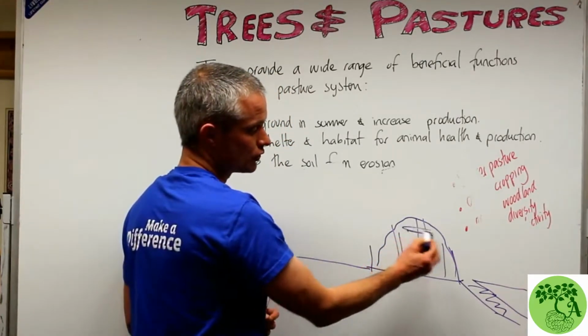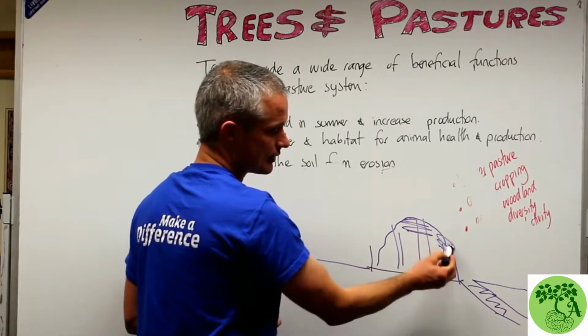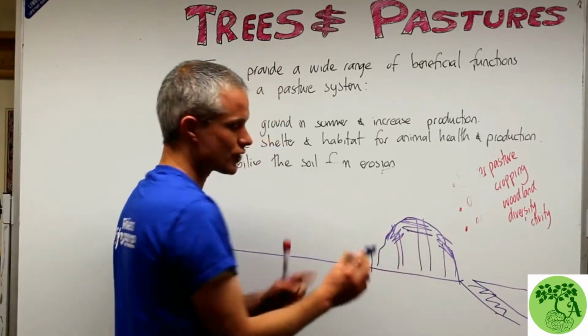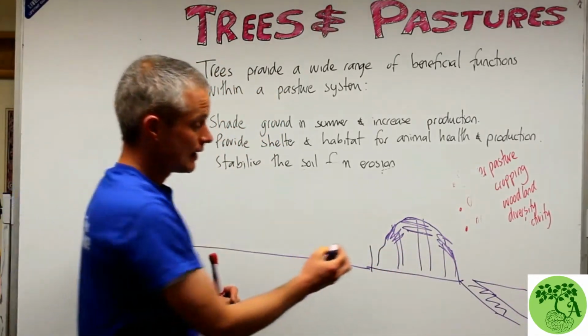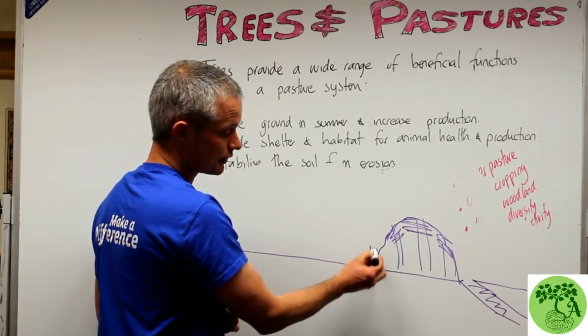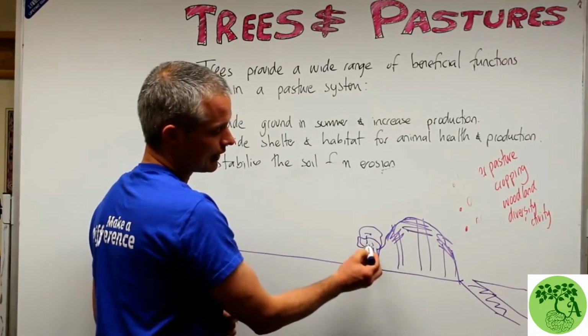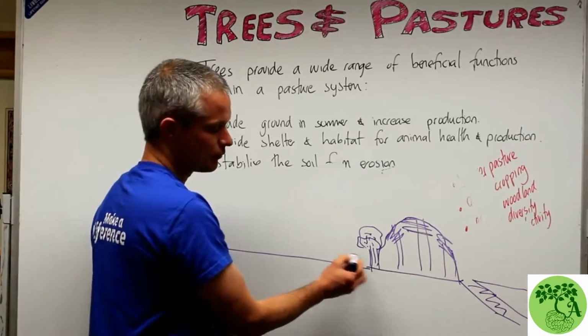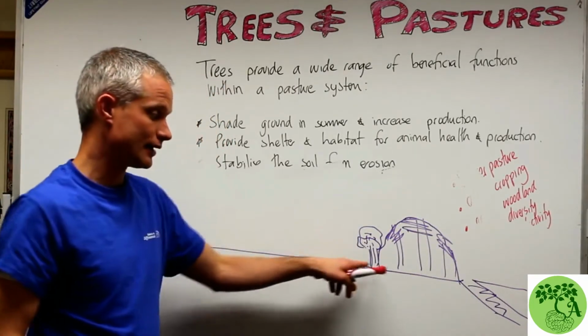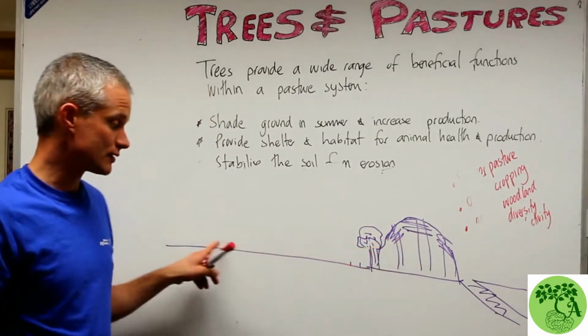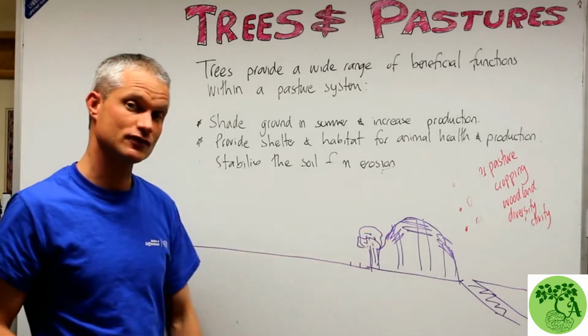So you'd have your taller canopy trees, and then either smaller trees or shrubs on the edges of that. And then next to the fence line you might incorporate some fodder trees into that, which can hang over the fence line and can be grazed upon by the animals in this system as an alternative to their diet.